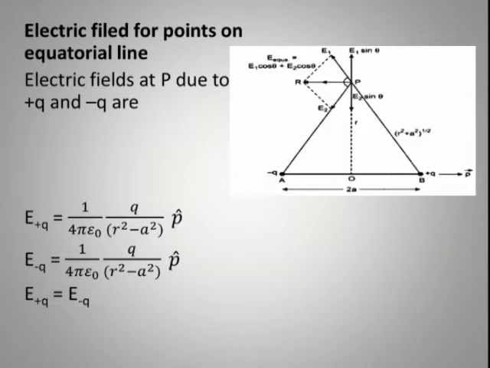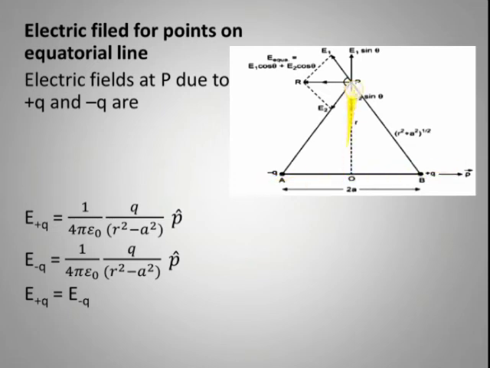So now if I consider a dipole, you have a dipole which has unlike charges, positive and negative, and at the midpoint you have a center from which the distance is measured. If I consider the midpoint to one charge, the distance is A, and midpoint to the other charge, the distance is A. So the total length of the dipole is 2A.